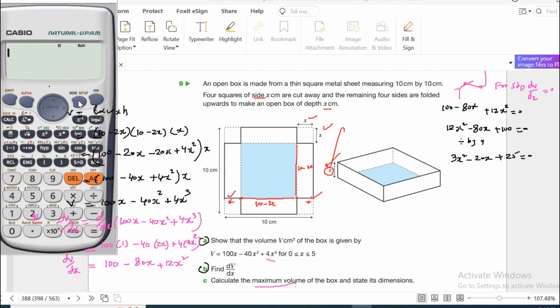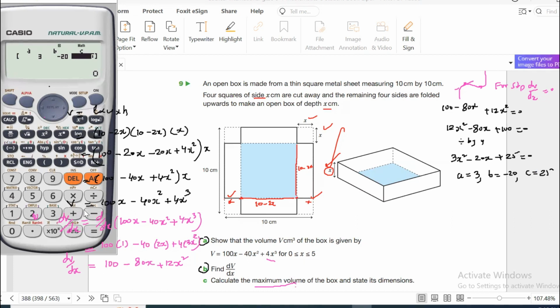For example, you press mode and equation, okay, 5, and press 3. Remember what our values are: A is 3, B is negative 20, and C is 25. So replace all these three values here. A is 3, equal, B is -20, equal, and then C is plus 25.